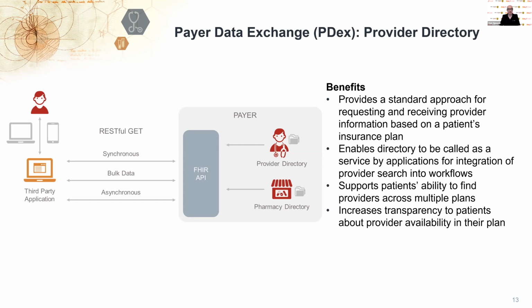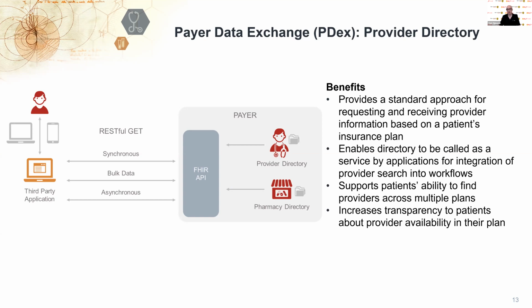So since this can be patient specific and identify a specific patient and specific plan, it can also be patient agnostic. So a third-party application can use the plan identifier and identify all the providers that are in that plan. And then you can augment that data with geospatial information based on a user's location.